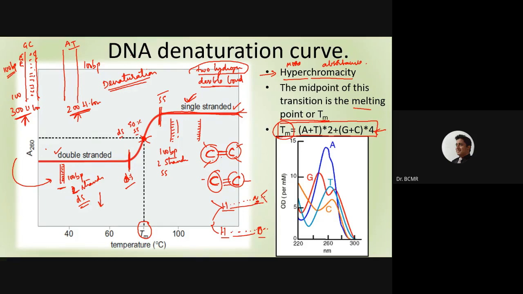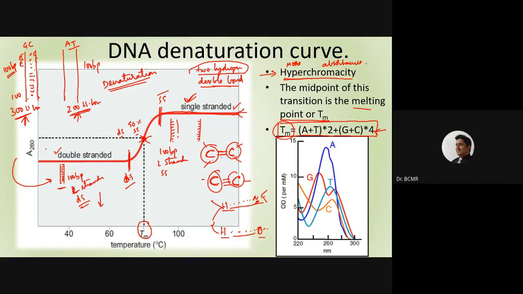So in this slide, I hope you remember what is hyperchromicity. The increase in absorption at 260 nanometers by single strand DNA, that's called hyperchromicity.